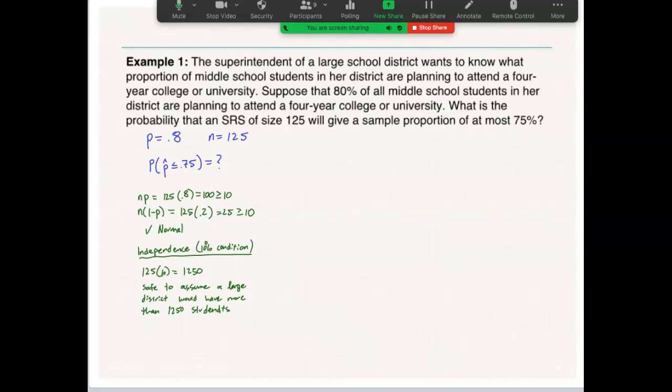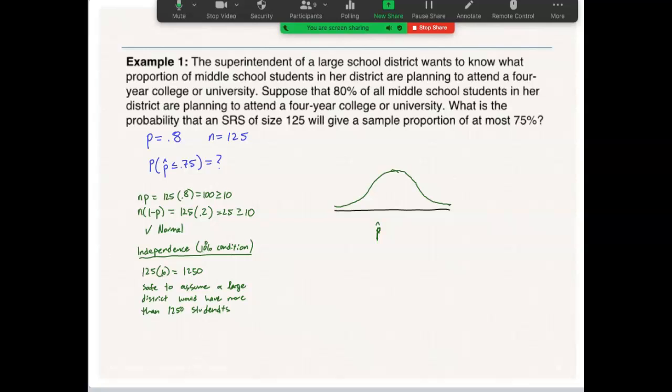All right, so now I can sketch out my sampling distribution because I know it's going to be approximately normal. That was bad. Still not very good, but that's about as good as I'm going to do right now. So remember that what this distribution is, it's the distribution of values of p hat.